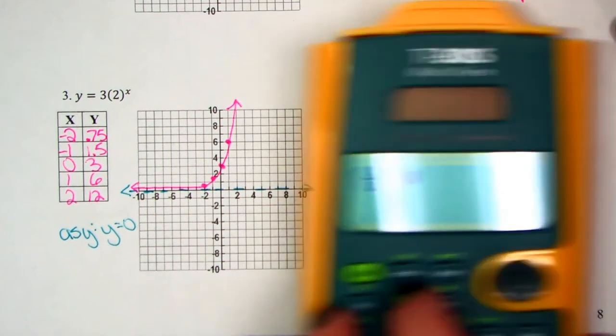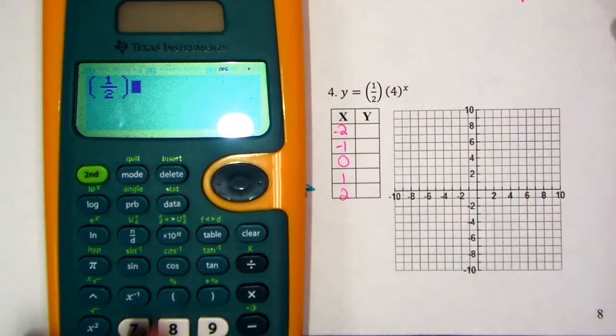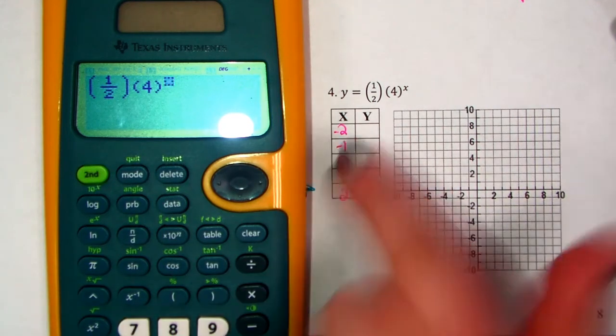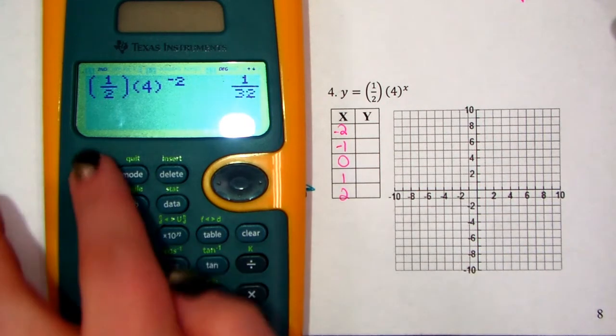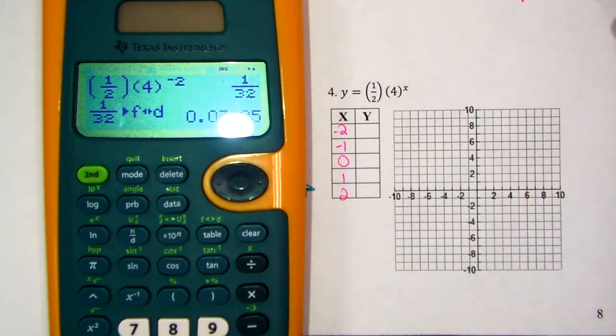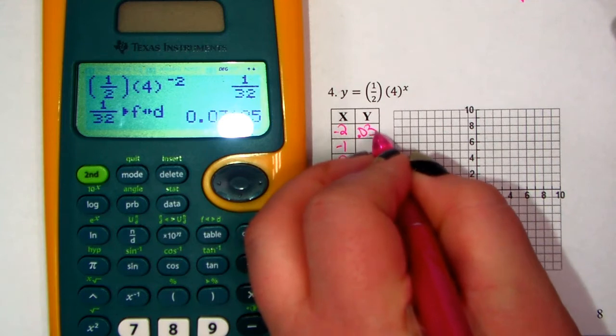Then we're typing in, oops, sorry, I didn't realize you couldn't see that very well. There you go. And then parenthesis 4, close parenthesis, raised to the, we'll put in -2. Change it back to a decimal. We get 0.03125.